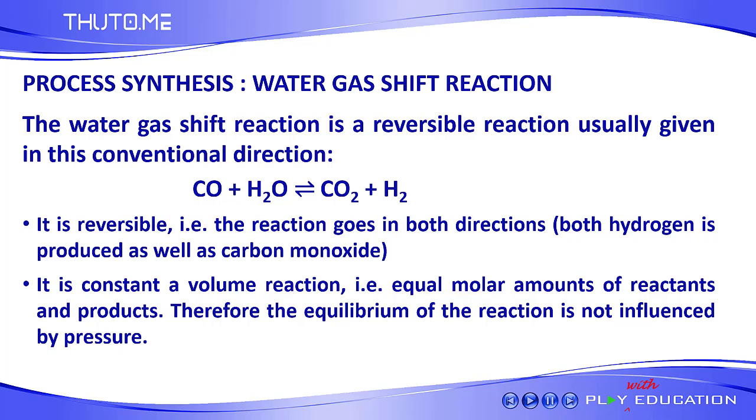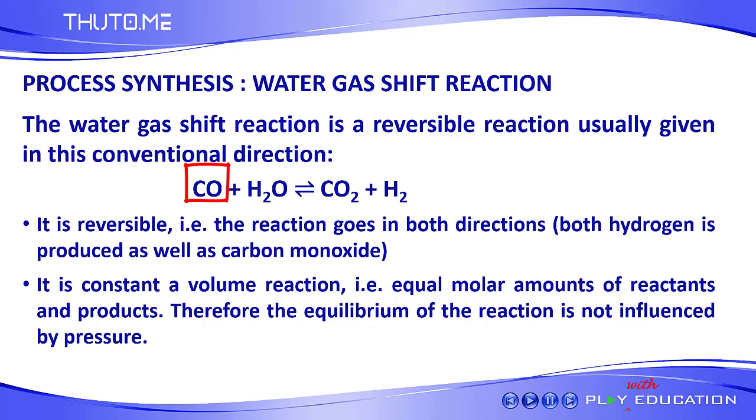All we are saying is the conventional format that is usually presented is water and CO forming the gases. It is reversible, meaning that the reaction goes in both directions. Both hydrogen on this side and carbon monoxide on this side get produced.